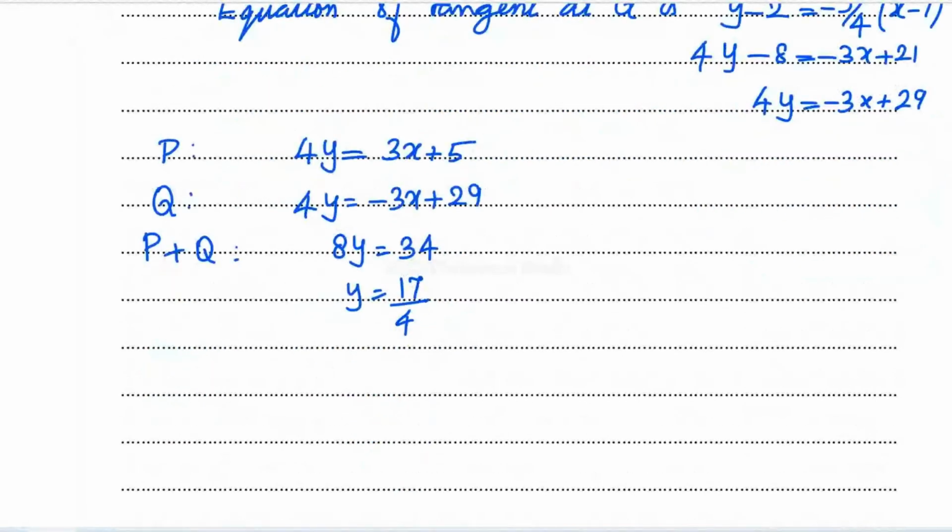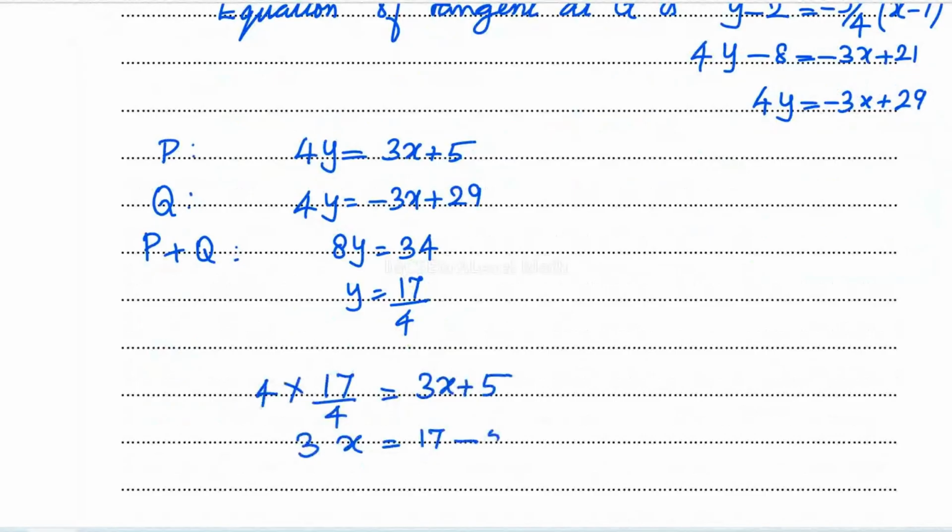Substitute 17 over 4 in the equation. We will get 4 multiplied by 17 over 4 is equal to 3x plus 5. That is 3x equal to 17 minus 5.